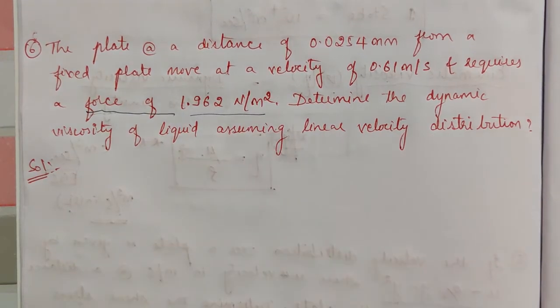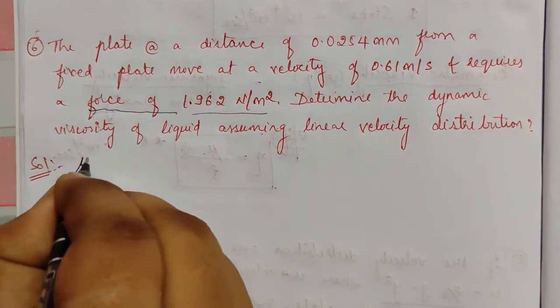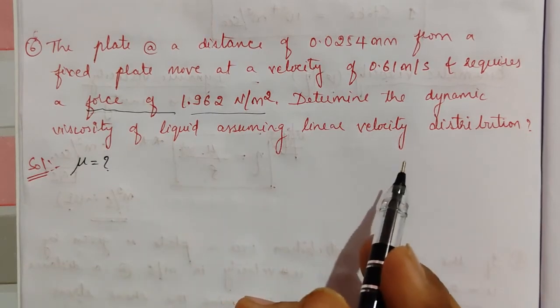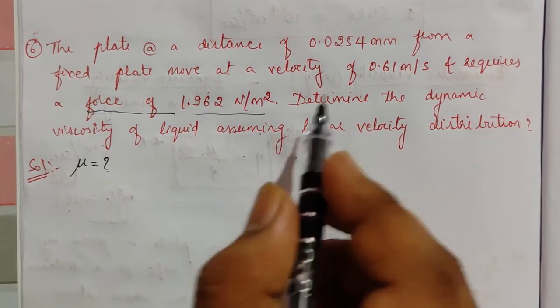Okay, 1.962 Newton per meter square. So determine the dynamic viscosity. What we have to find? We have to find mu, assuming the linear velocity distribution. Fine. So what they have given? Distance is given.